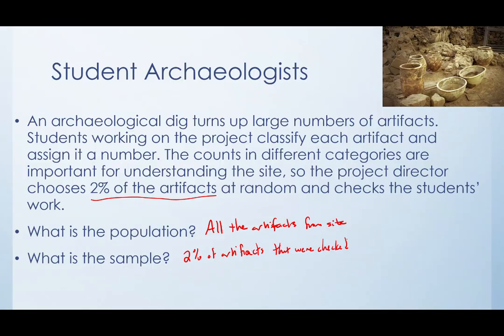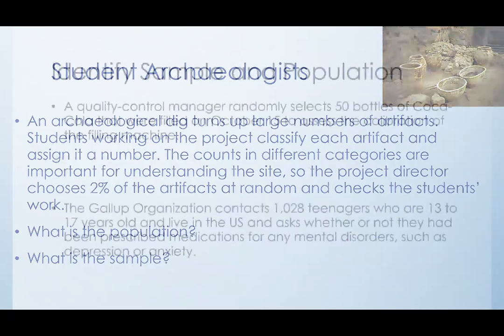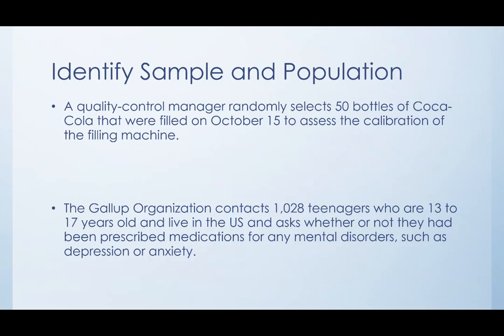The population is the whole group that we're interested in, the sample, those that we actually check, that we actually measure. All right, and we'll do these last two. We want to identify the sample and the population. We have a quality control manager who randomly selects 50 bottles of Coca-Cola that were filled on October 15th to assess the calibration of the filling machine.